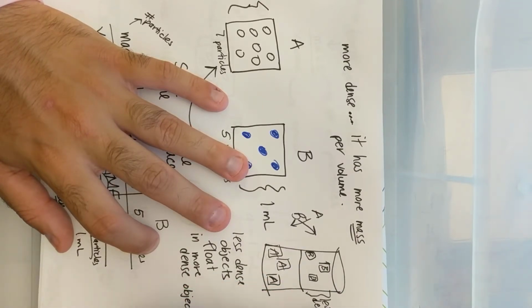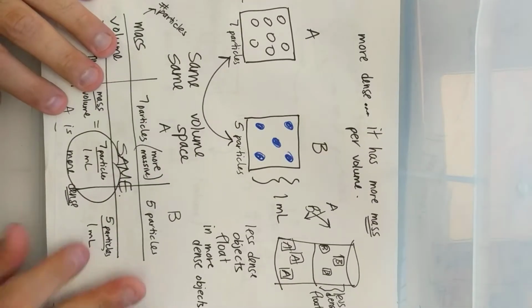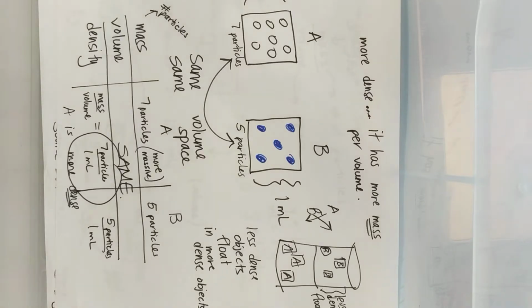Less dense floats. Okay? And that's just an aside. So less dense objects tend to float or be more towards the top of matter. More dense objects tend to sink or be at the bottom of matter.